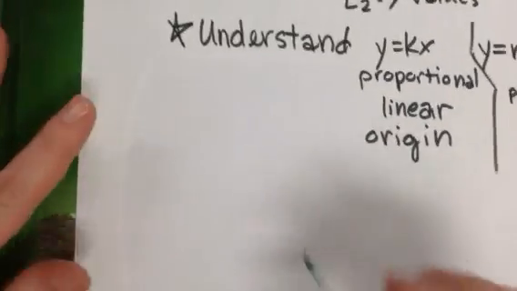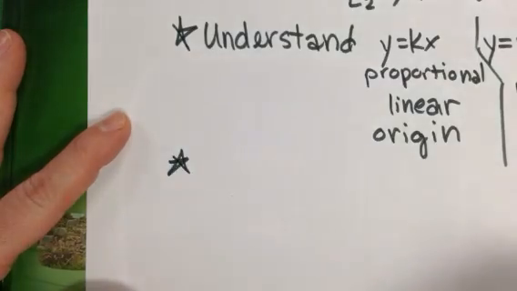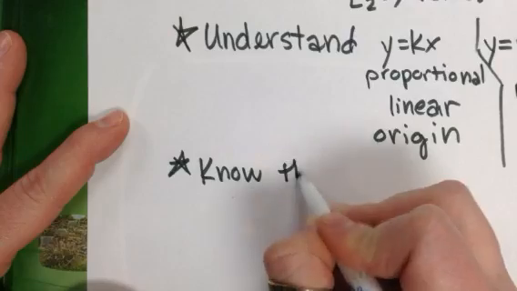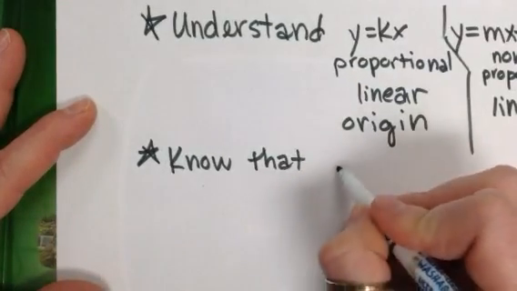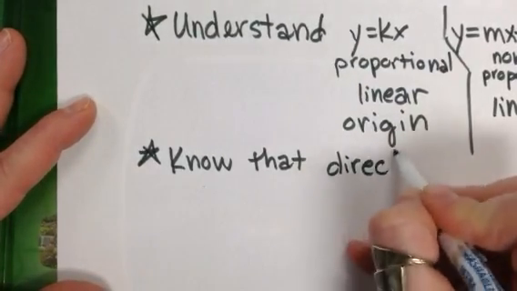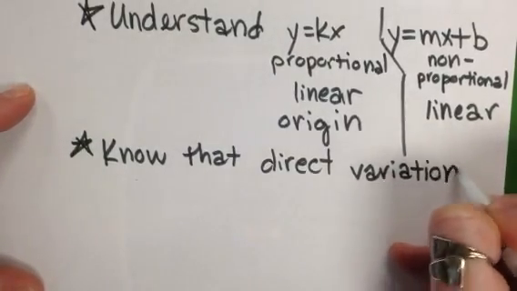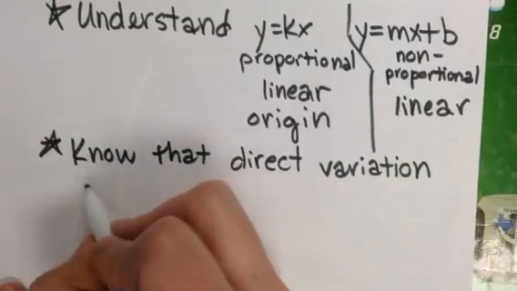Another thing that you need to know before your CBA is that direct variation means proportional.